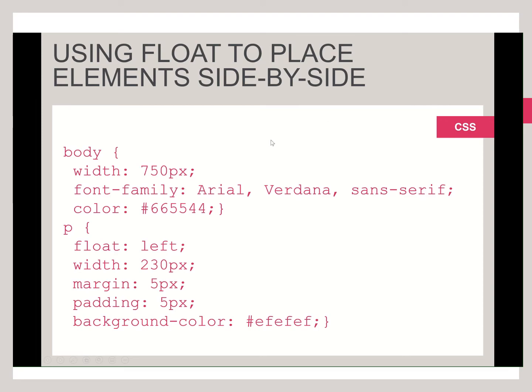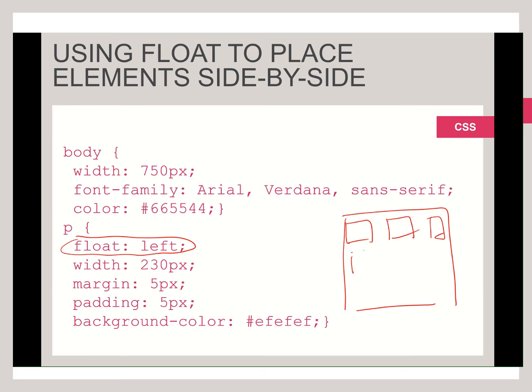For example, we still have the previous paragraphs, and we want to show them side by side. The body is defined the same, and for the paragraph we use float to the left, so each one will float to the left as much as possible.